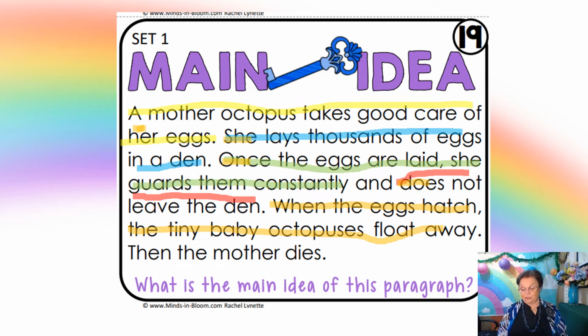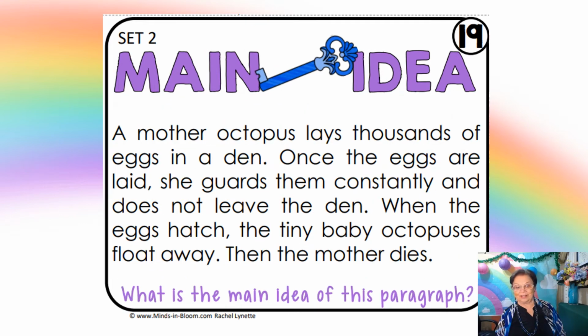Guess what I'm going to do now? I'm going to try to trick you. Oh my goodness. Let's read this one. It's about the same mother octopus. A mother octopus lays thousands of eggs in the den.